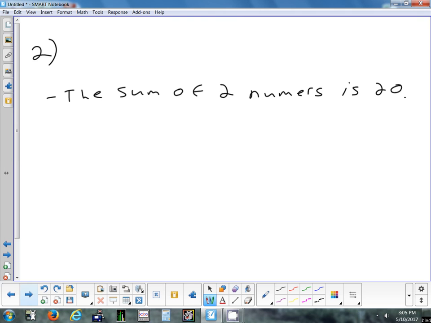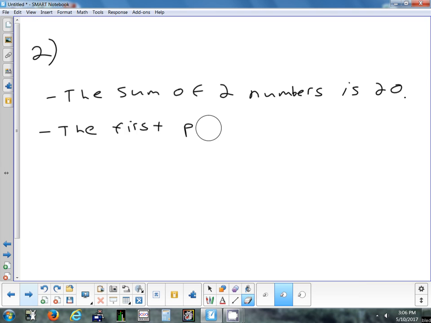Now let's say the first plus... I'm dealing with numbers. Numbers and boba. The first number plus, I don't know if this is going to come out nice, we'll see.